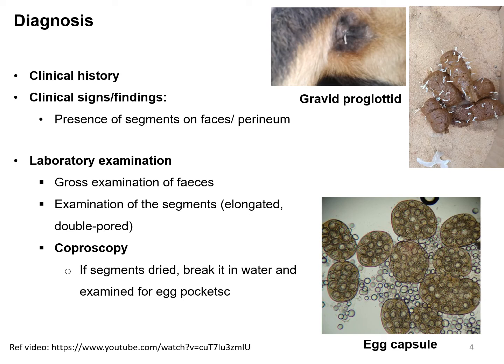But one of the major things you can consider while diagnosing this parasitic infection is the presence of gravid segments or gravid proglottids on the feces or perineum. You can see a lot of gravid proglottids on feces, and in another picture you can see a gravid proglottid on the perineum.